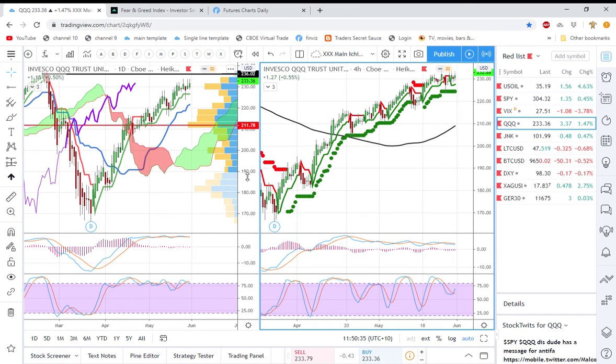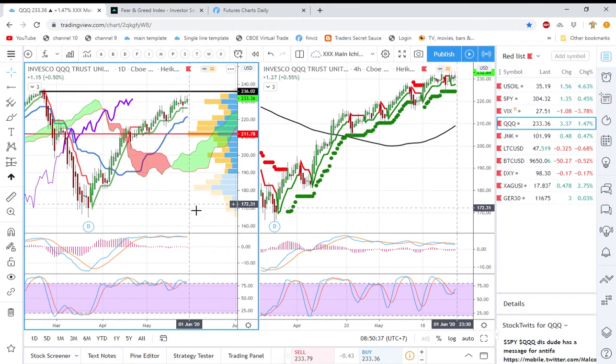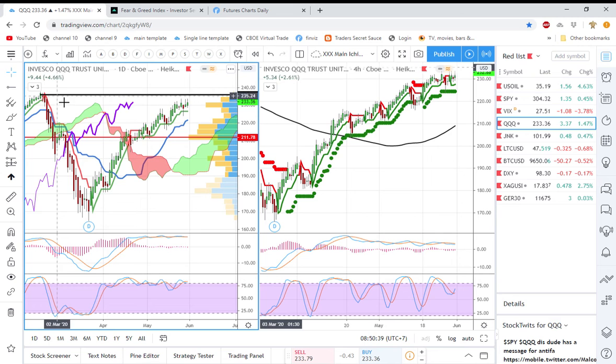QQQ has almost rallied back up to the previous high here, before the move to the downside kicked off on the 21st of February, and obviously this has all been due to central bank intervention.